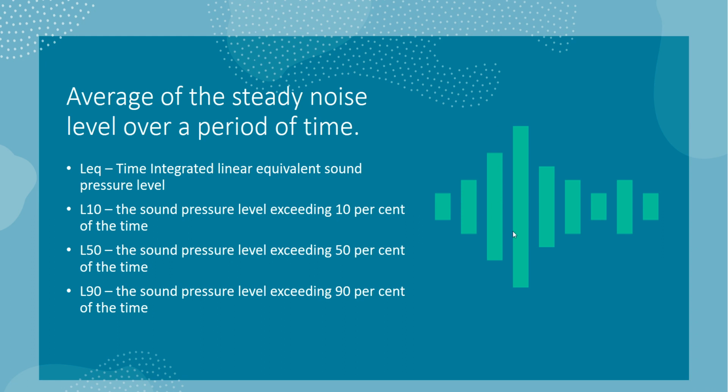In that case, only for 10% of the time will you receive it, so it shows the topmost, highest sound levels, because 10% means a very short period. Because when you look at L90, it means that throughout 90% of the time you have that particular sound level.